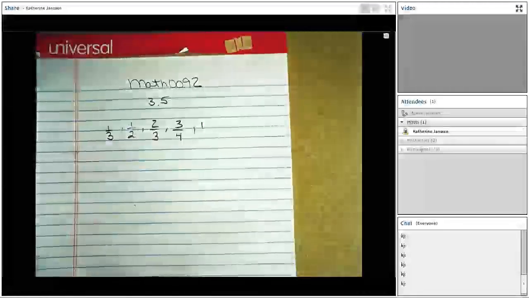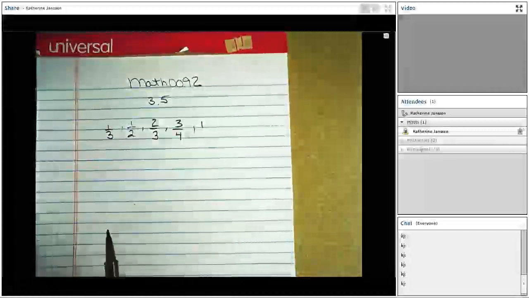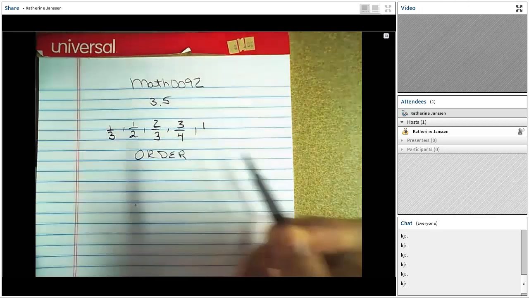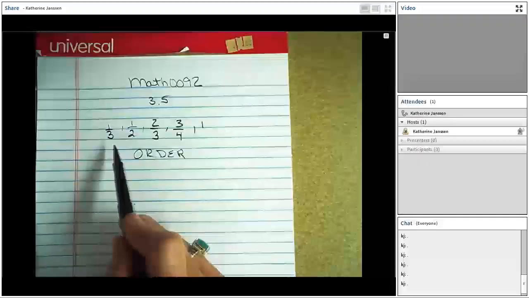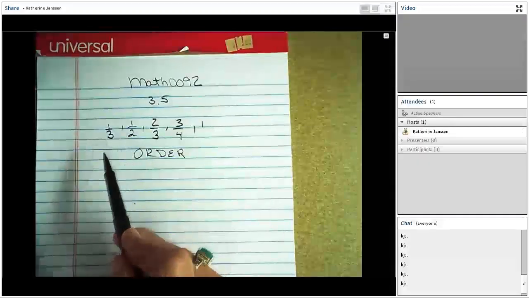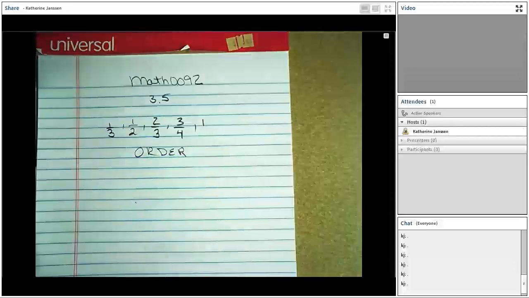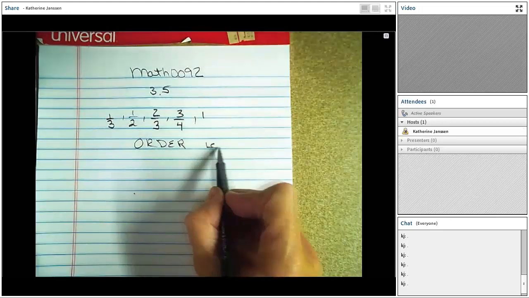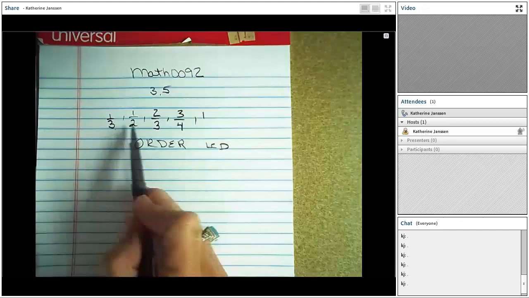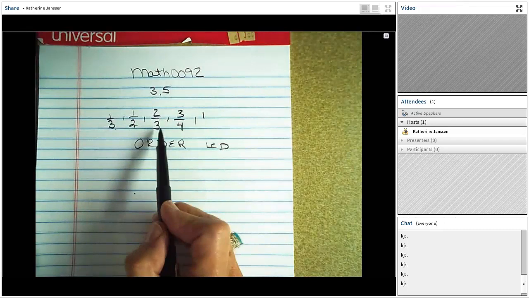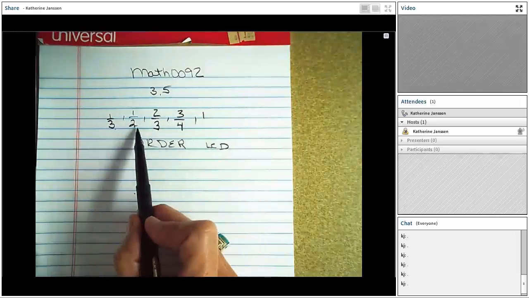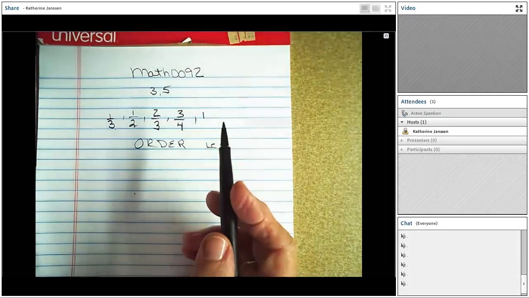Well, we know that when we're comparing for the order of fractions, we again have to have something common to both. So we really do need a common denominator. 3 and 2, that'd be 6, and times 3 is 18, but 4 doesn't go into 18. 6 and 4, that'd be 24.